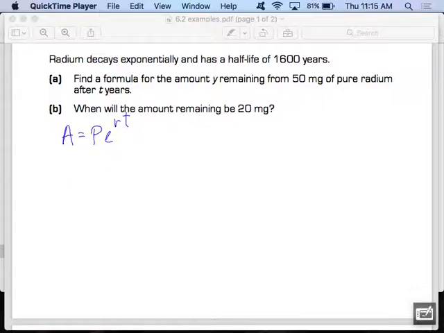So we have a half-life of 1,600 years. What does that mean? Well, one chunk of information they don't tell you in the original problem is how much radium we start with. So let's suppose that P is 10 pounds. After 1,600 years, what would A be? 5 pounds.